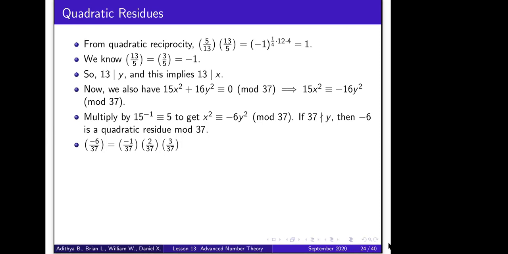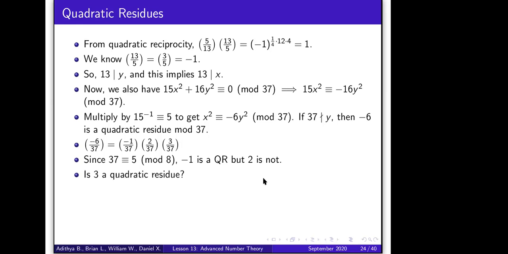Yep, so 37 is 5 mod 8, so by the results a few slides ago, we see that 2 is not a quadratic residue. So the last thing is to evaluate 3 over 37, which is pretty simple because we can just use quadratic reciprocity.